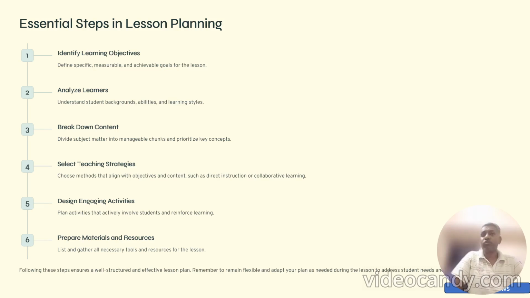Then digital tools. If we have digital boards inside the classroom, then we have to prepare video lessons and presentations, and make use of educational software. Nowadays so many software programs are available to provide good teaching.